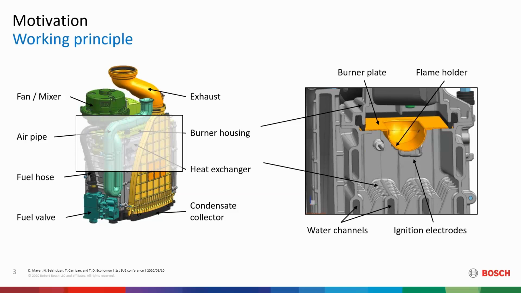You can see here that the gases come in from the top. They go through the flame holder, which is shown here as a solid surface, but in the appliance you would have many tiny holes in this flame holder. The gases get ignited by the ignition electrodes, and then the hot combustion gases flow through the heat exchanger and heat up the water that is running through the water channels.